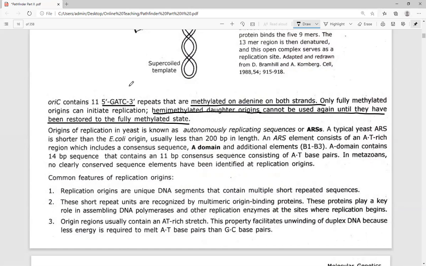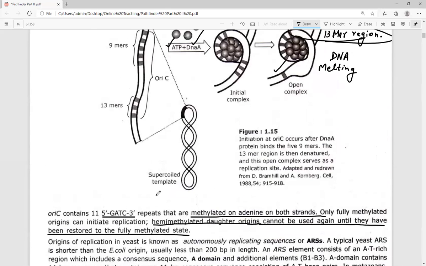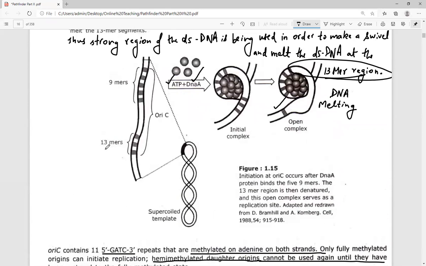See, whenever a double stranded DNA is going to undergo replication, for example, if this is a double stranded DNA molecule that is undergoing replication, this is the parental DNA molecule, and this is the new dsDNA molecule that is going to be biosynthesized.